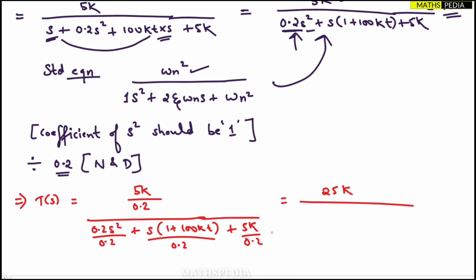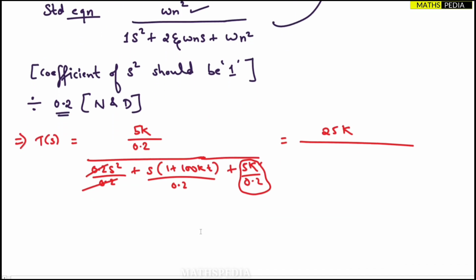So 25k you got. Now here also it is the same thing. This 0.2 will get cancelled, so that's what we needed. So it will be s square plus, here 0.2 is 1 by 5, that 5 will go up, so it will be 5s into 1 plus 100 kt plus, this part is same as this part, so it will be 25k.